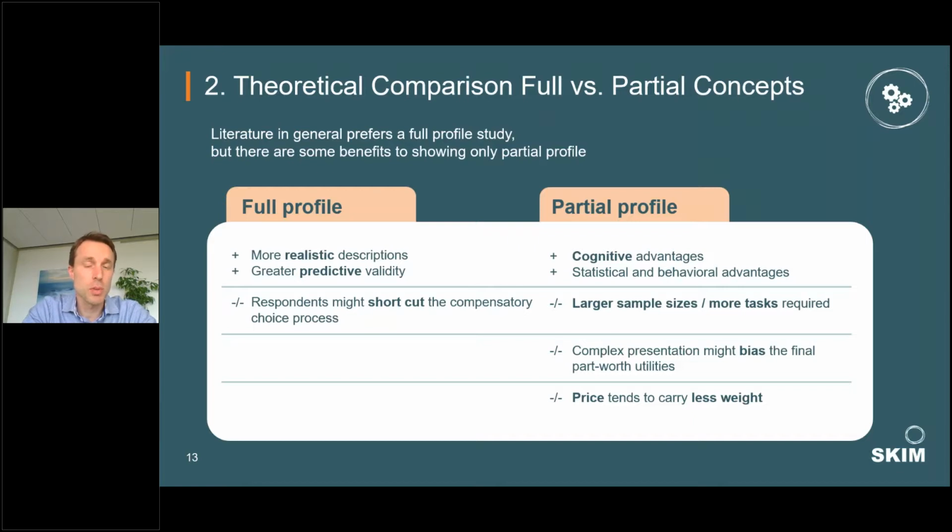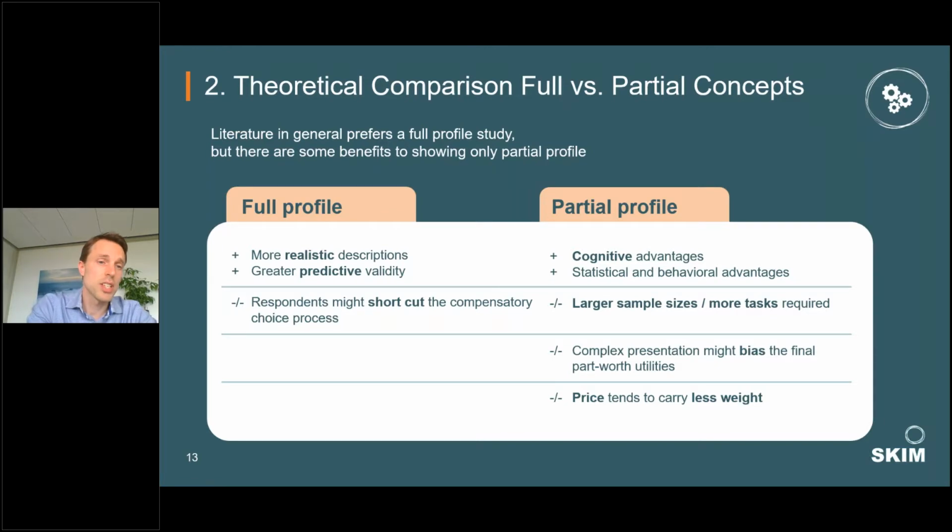Then there's the comparison between full and partial concepts. In the literature, full profile is usually preferred, but there are some benefits to only showing partial profile. If we look at the full profile column, the benefits are more realistic descriptions and greater predictive validity, as you show the full product on the screen.